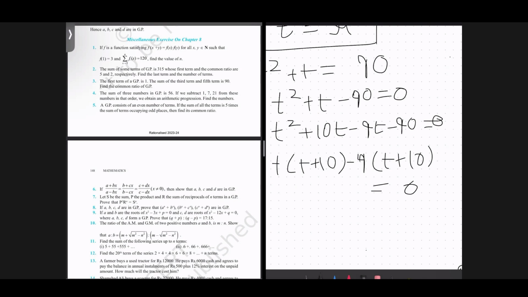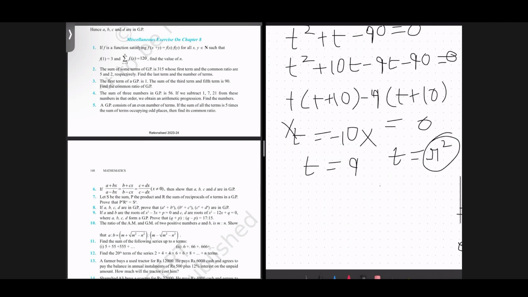So you get t = −10 and t = 9. This will get rejected because we have substituted t = r^2, and a square of any term cannot be negative. So this is rejected. You have t = 9, so r^2 = 9 and r = ±3.